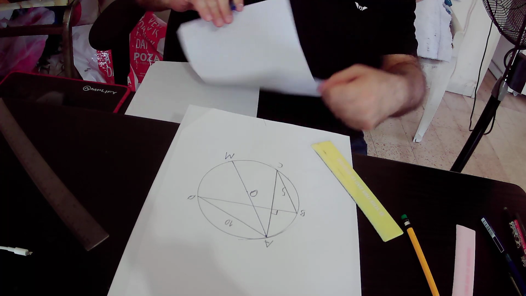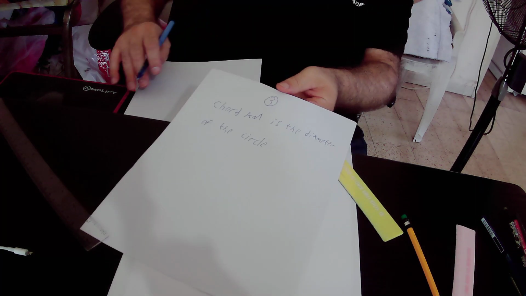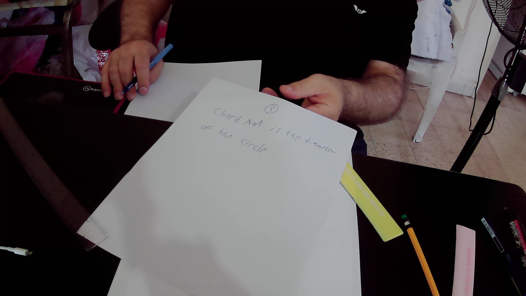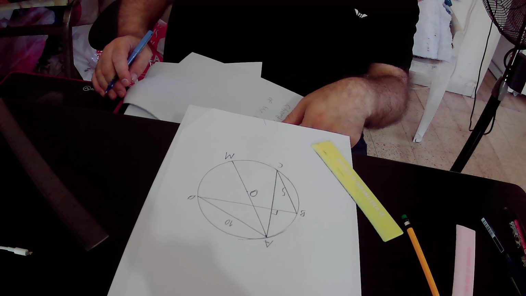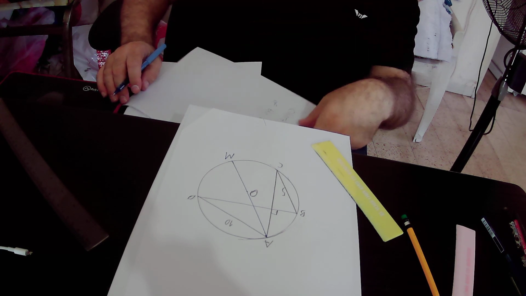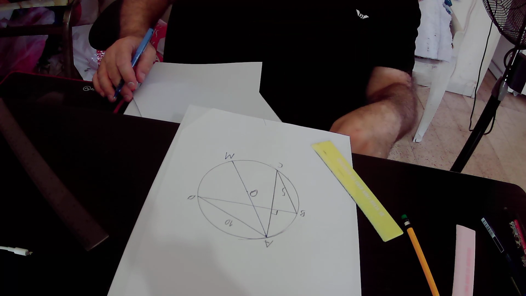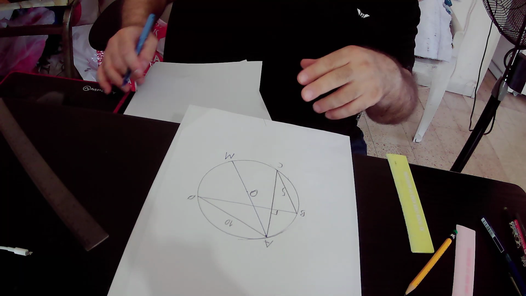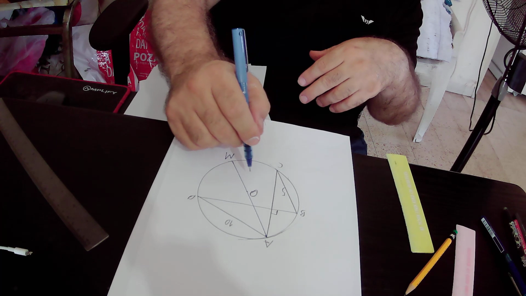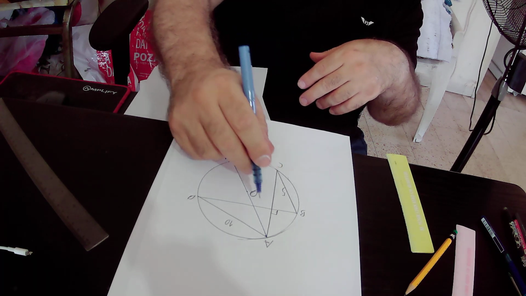Okay, chord AM that I drew is the diameter of the circle, because of the fact that it passes through point O, that is the center of this circle.